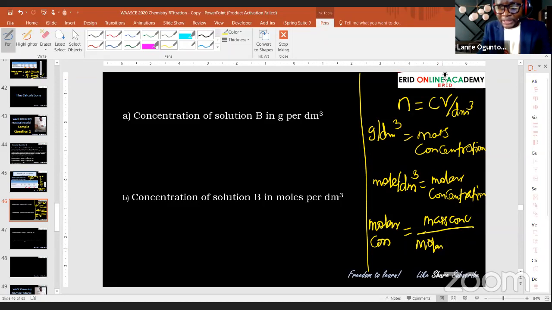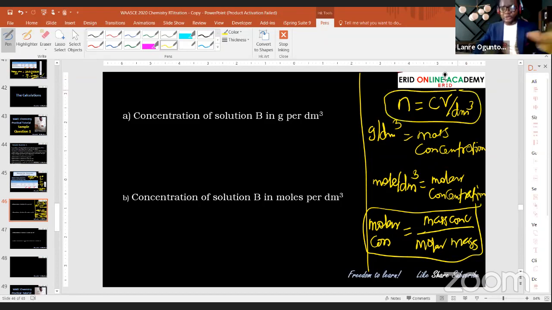This formula is a joker, very, very important. This is a key formula, another formula that is very important for you to note. Good.